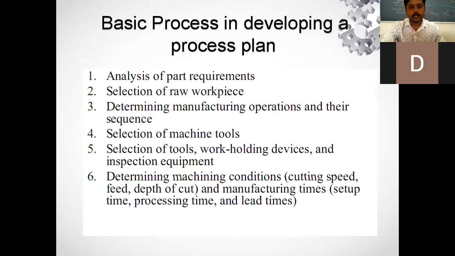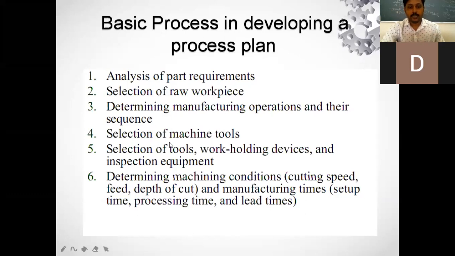You have to analyze them. You have to select the raw workpiece or raw material, obviously. Okay, then you have to determine manufacturing operations and their sequence. What will be the first process, what will be the second process, what will be the third process, that you are going to determine in the process planning phase.